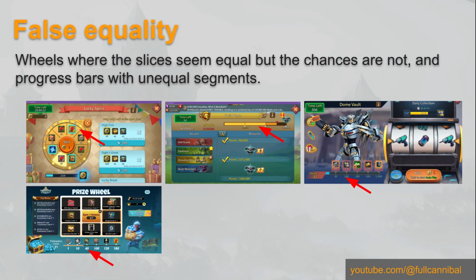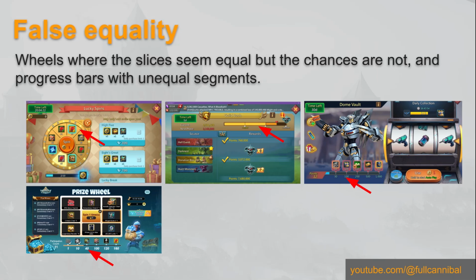The same is true of the lucky spins. If you ever look at the lucky spins and you think, oh, look at all these pie slices in Lucky Spin, if I spin that wheel, they're all the same size, so I must just be able to hit a golden main every once in a while, right?